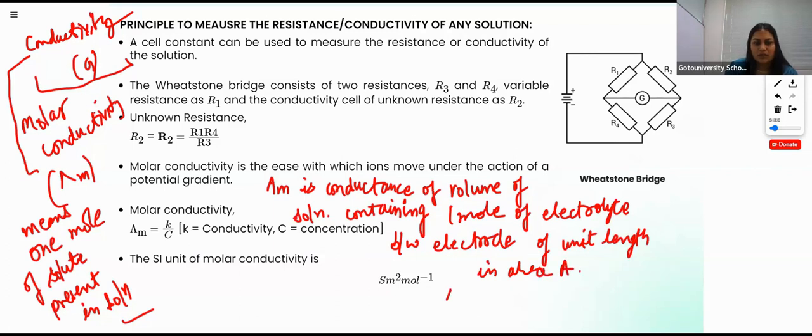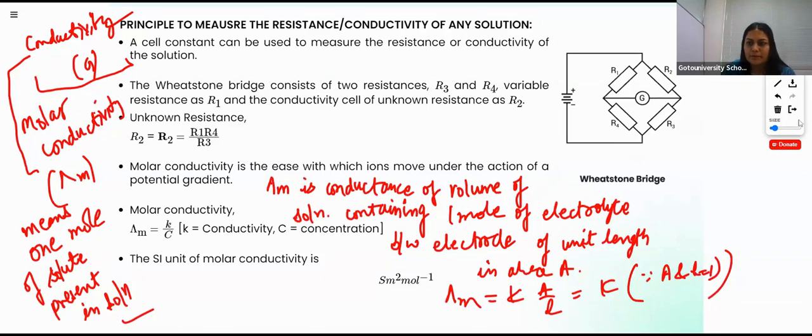That means lambda m equals kappa A by L, that is equal to K, where we are taking A and L as 1. Using this, we can say that lambda m is equal to K.